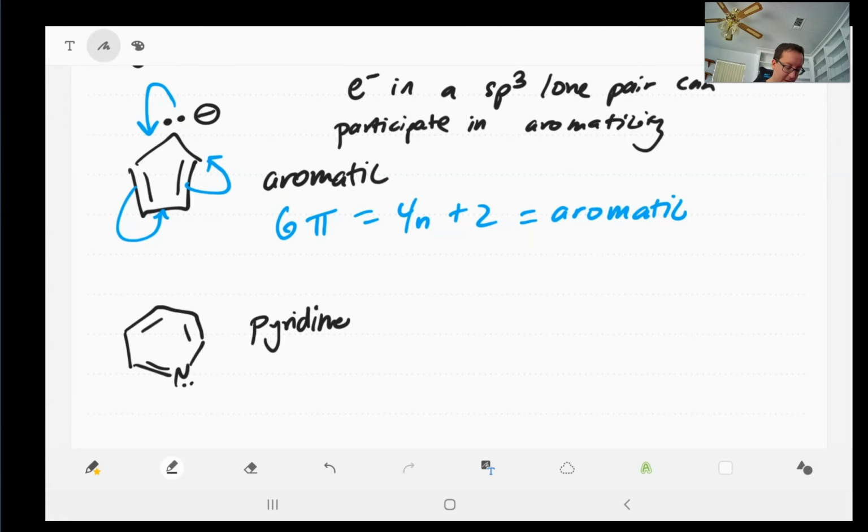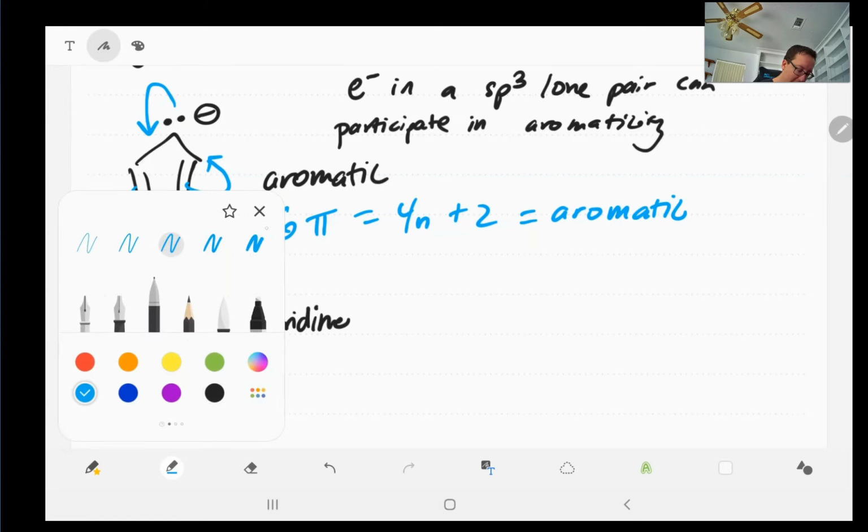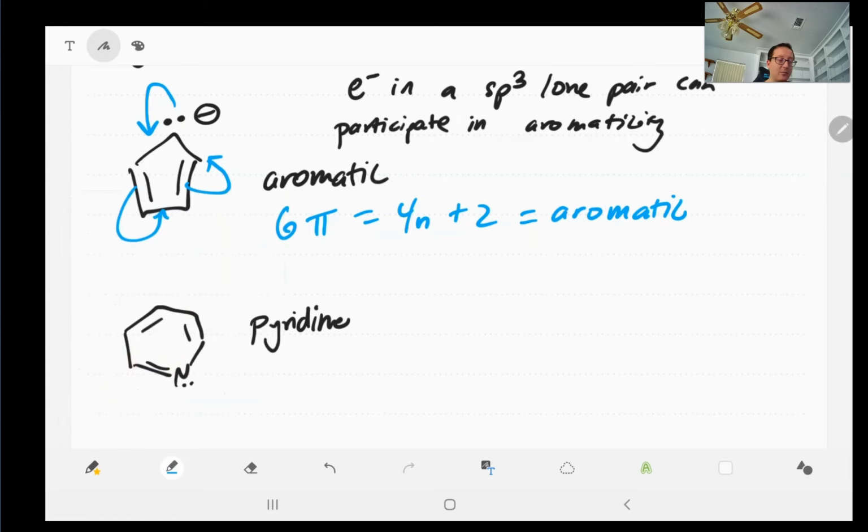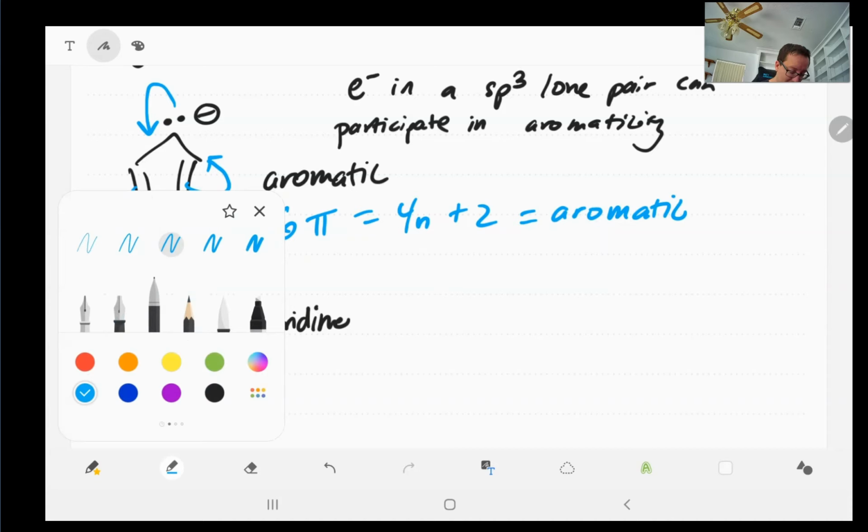Actually, I shouldn't say that. This lone pair, if we try to resonate it, let's see what happens. We're going to get something really weird. We can't, by the way. We're not going to be able to resonate these in here.